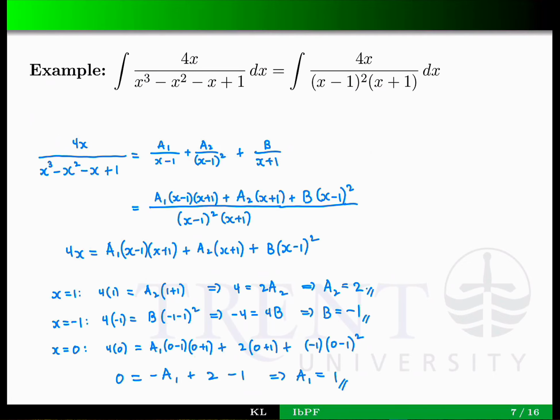In our example, the repeated factor is x minus 1 and it has power 2. So for each power of x minus 1, power 1 and power 2, there is a corresponding numerator. And then we proceed with the solving of A1, A2, and B. Or we proceed with the solving of the numerators.